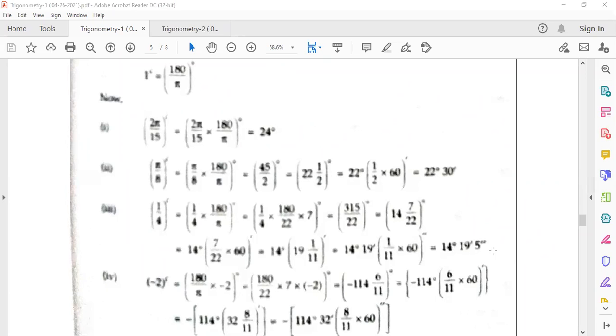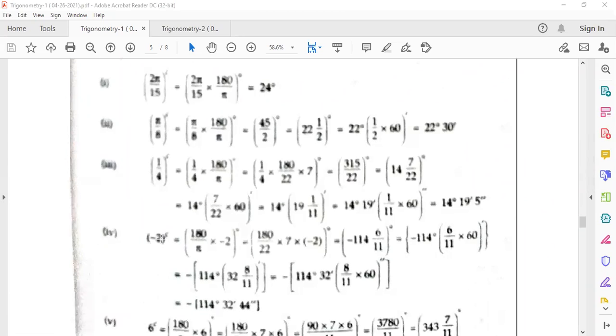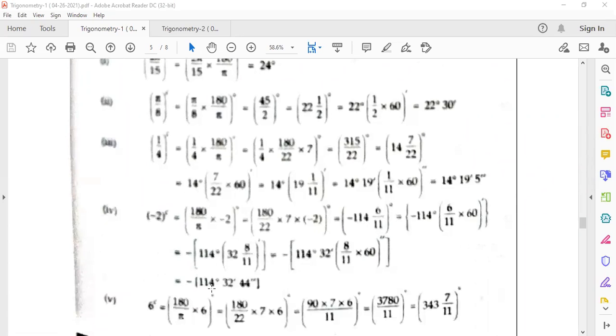So it is the approximate value in degree of 1 by 4 radian. If it is given minus 1 by 4 radian, then a minus will be given there, so it is minus 14 degree 19 minutes 5 seconds. Was it clear? Yes.